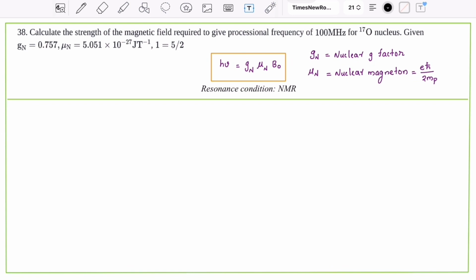Here we have to use the resonance condition for NMR spectrum. H nu is equal to Gn mu n B0, where Gn is the nuclear G factor and mu n is the nuclear magneton, which is given in the problem.